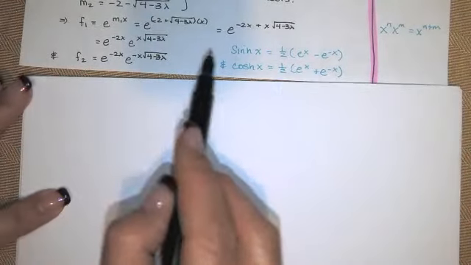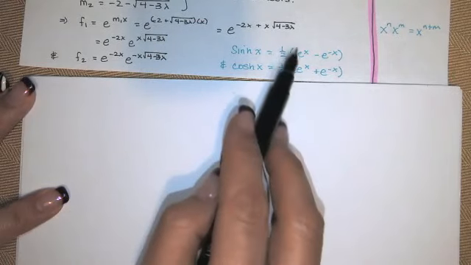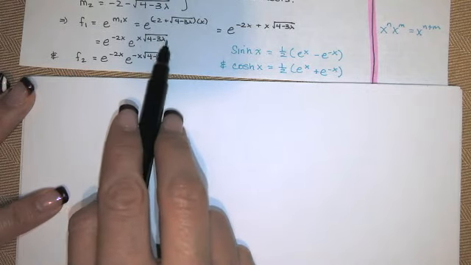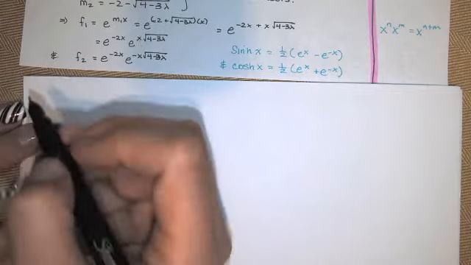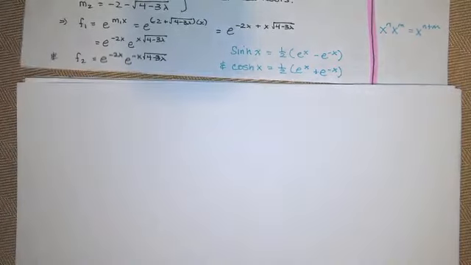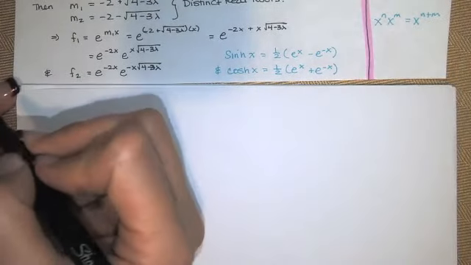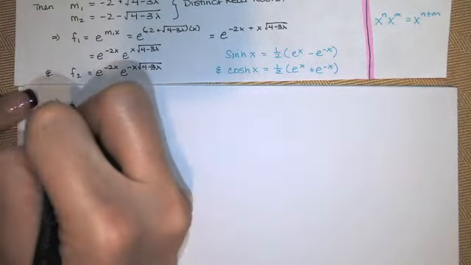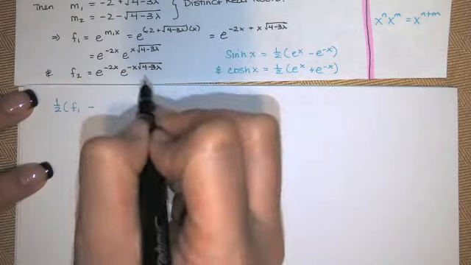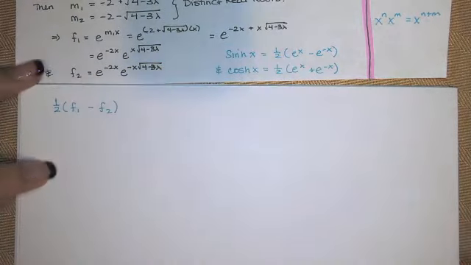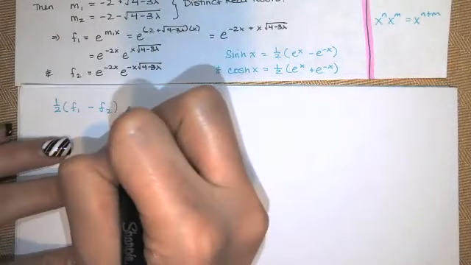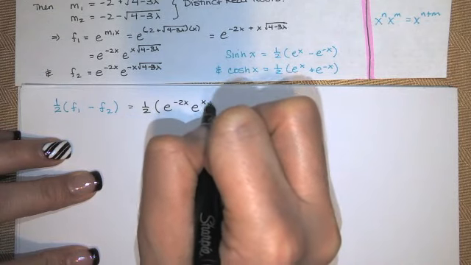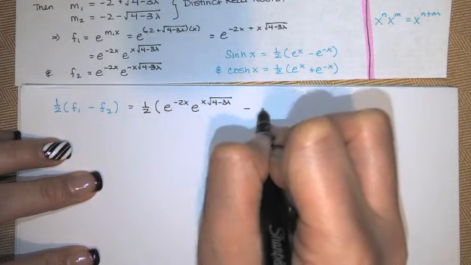So notice that my argument here is not x, but it's this square root of 4 minus 3 lambda times x. And it's also multiplied by this e to the negative 2x. So if I were to take 1/2 of this guy, f1, and then subtract f2, I would end up with this: 1/2 of this minus this.